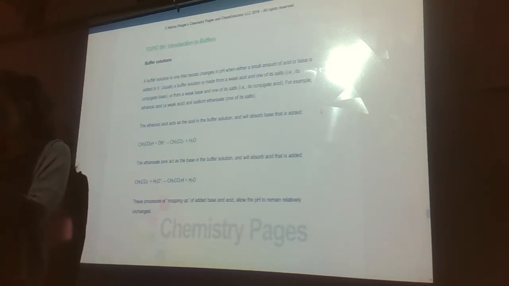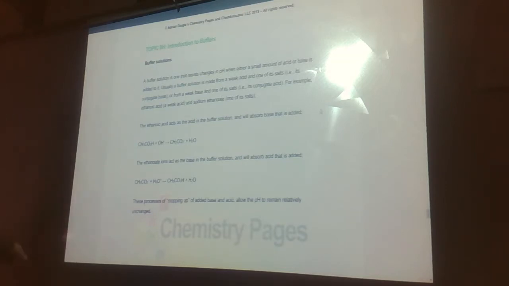Buffer solutions are usually a weak acid and its salt. So if we look here, ethanoic acid is a weak acid.